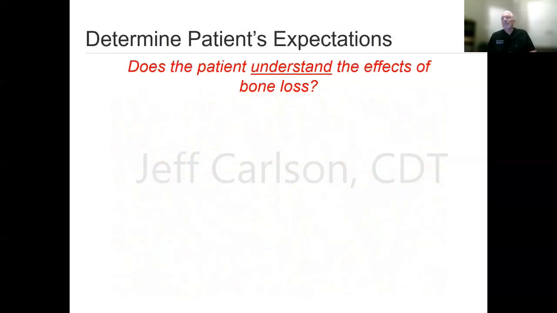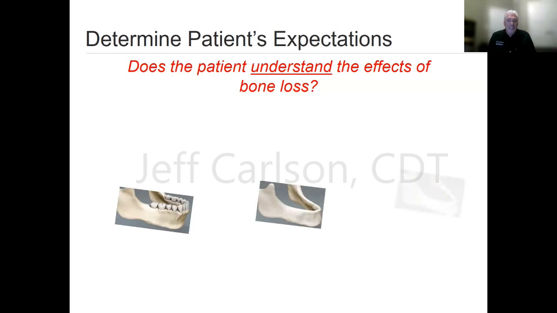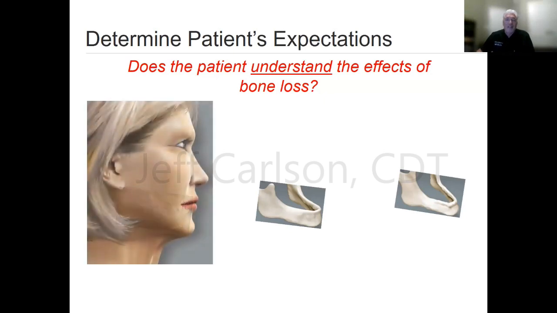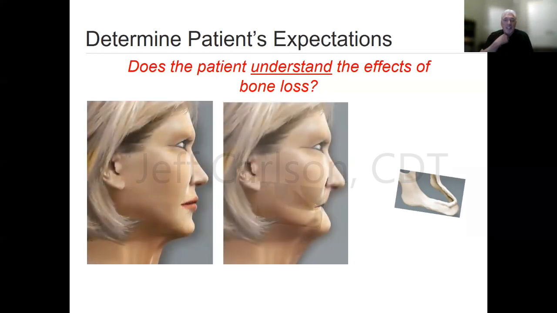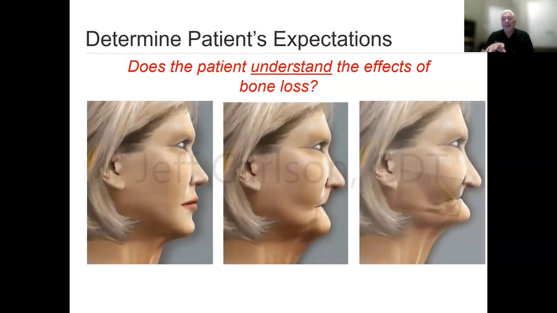So the problem is, does the patient really understand the effects of bone loss? As clinicians and technical people, we can understand what we're looking at here, the photos. We kind of know what that would look like facially or aesthetically to a patient, but this is what the patients understand. This is what they know. They don't necessarily know about the resorption models I showed you, but they know what it looks like in a mirror.